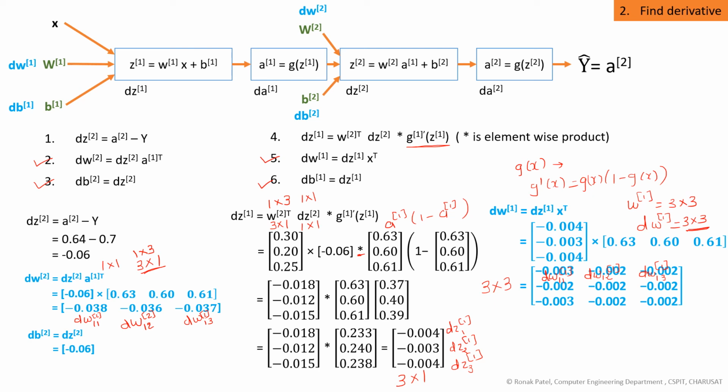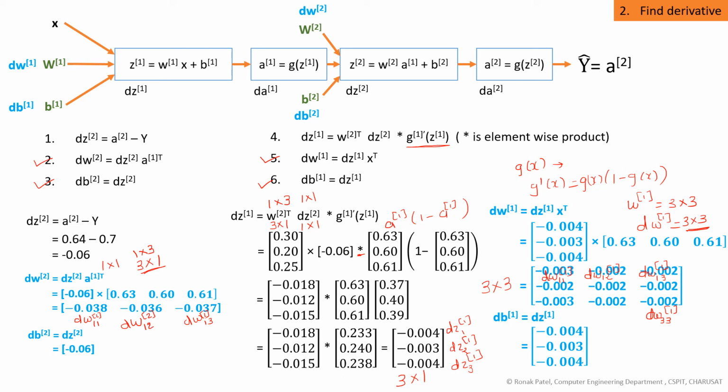Similar way, this third row will give you dW3 1 1, and this will give you dW3 3 1. So this is your dW1. The last one is db1.